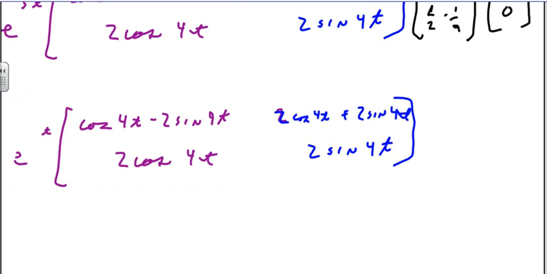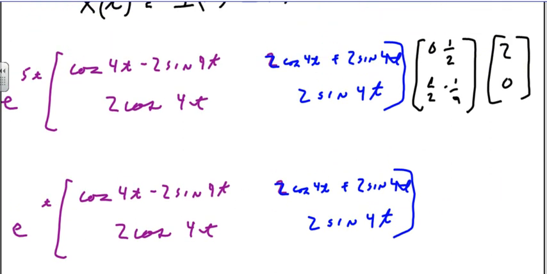Luckily you guys can't see how I'm changing from erasers to whatever. Okay, now 2, 0, 1/2 times 2, 0 is 0. 2 times 1/2 is 1, and 0 times that is nothing. So that's what I have.